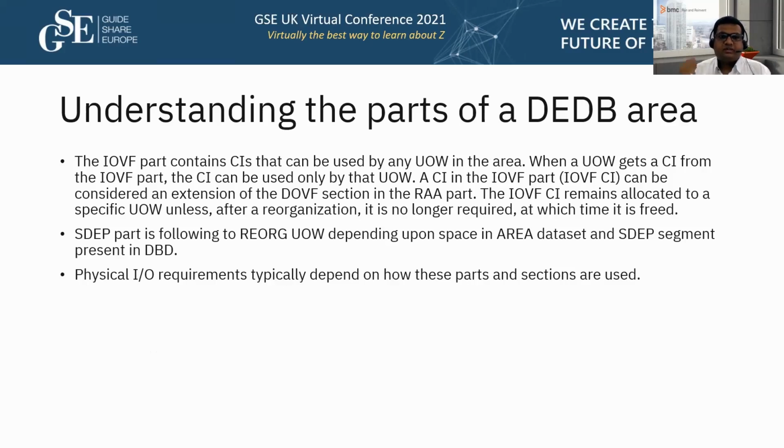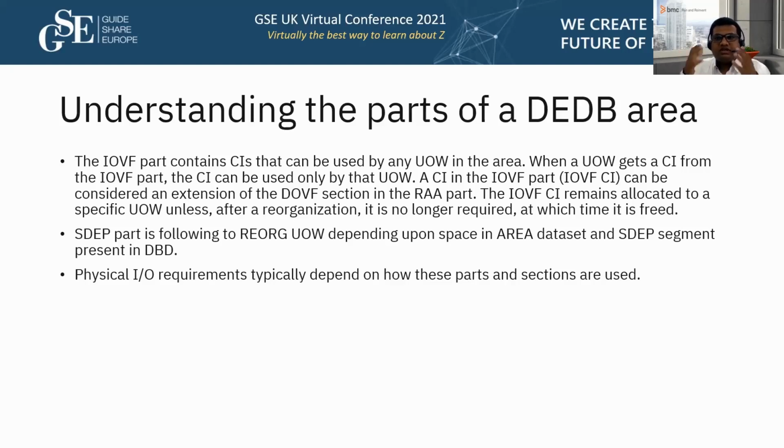And then I mentioned the SDEP. Whatever the size of your data set on the DASD, that will define what the size of your SDEP portion will be. Even if your database does not have any SDEP segments in your DBD, it is still possible that the rest of your area is formatted as the SDEP portion depending upon the size of the area.